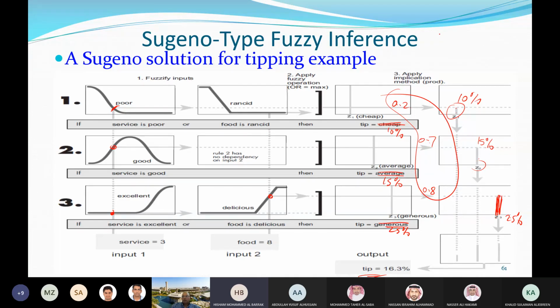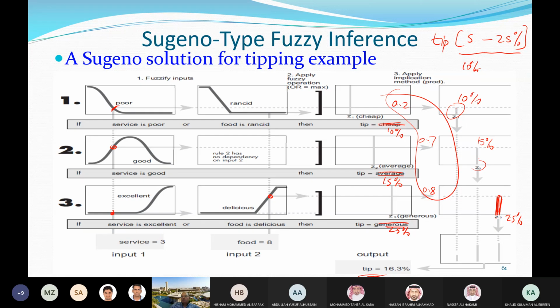No, actually the range of the tip is 5 to 25%. This is your range of the tip. Okay? Is it clear? But you have here 3 specific values, and you decide that low means this is the minimum that I will pay, 10%.